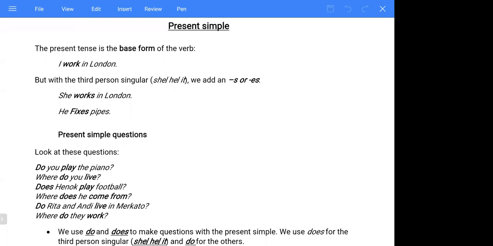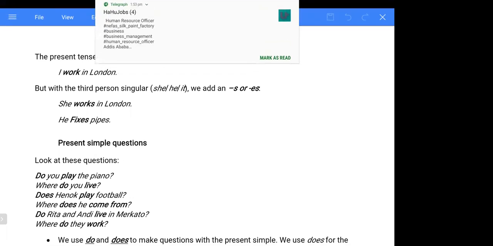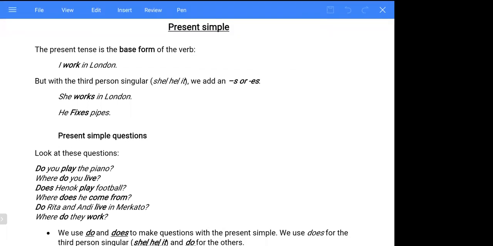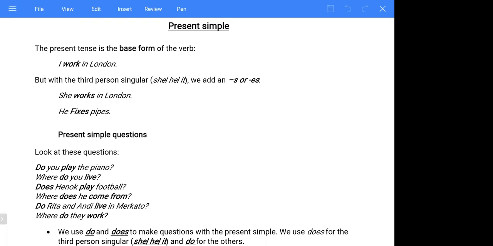For example, you can see it in the Word document. She works in London. Work only added s because the subject is she. But when you come to the second one, he fixes pipes. He is a third person singular subject, but fix is a verb that ends with x. So we need to add es and make it fixes.